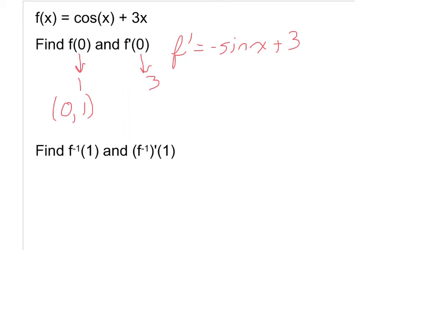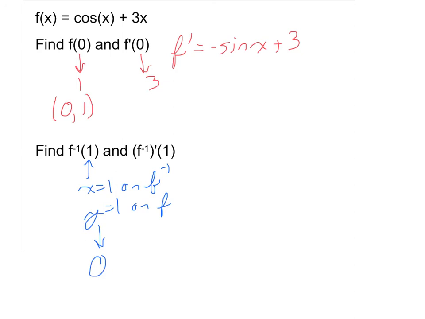Well then, for the inverse of 1, remember, this means that x is 1 on the inverse, so y is 1 on the function. And for us, that occurred when, on the original function, x was 0.